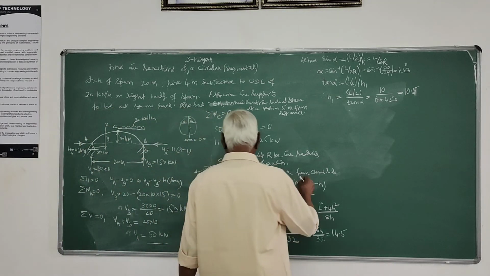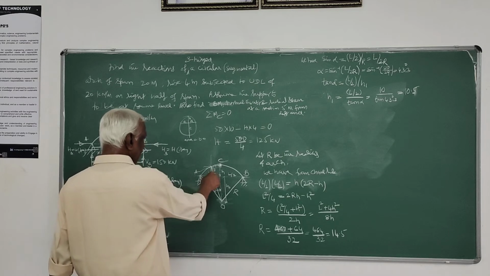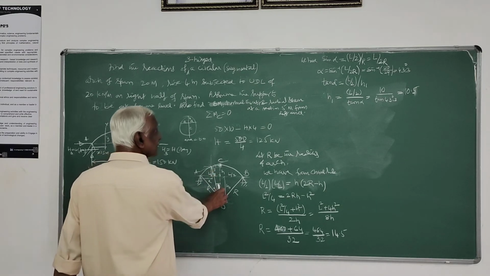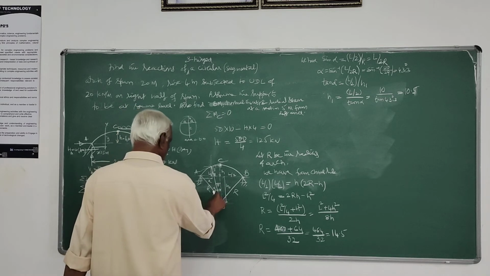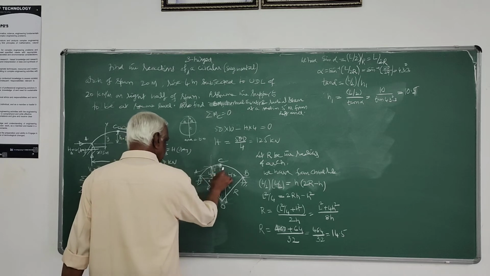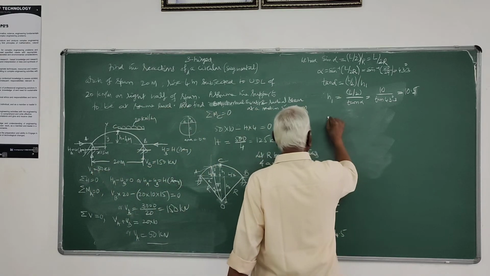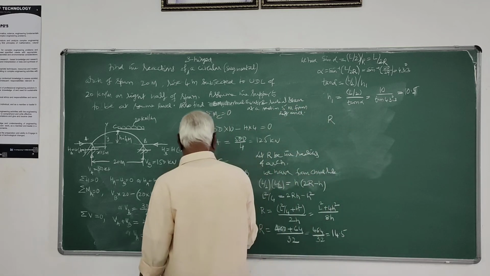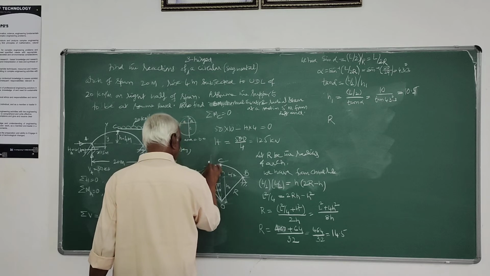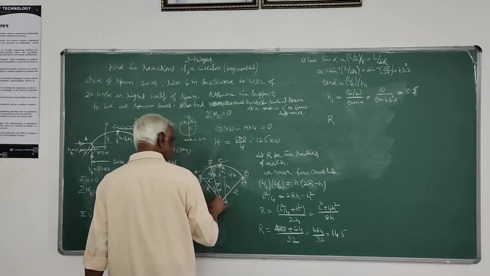So this is alpha, this is H1, and this is Y. From this particular triangle, this I will call as some point P, this as Q.